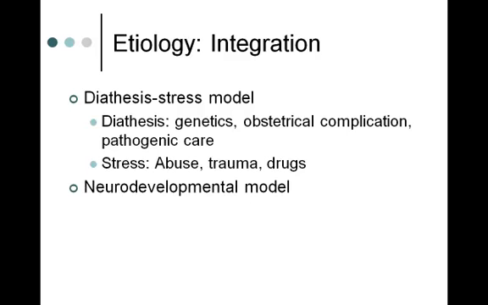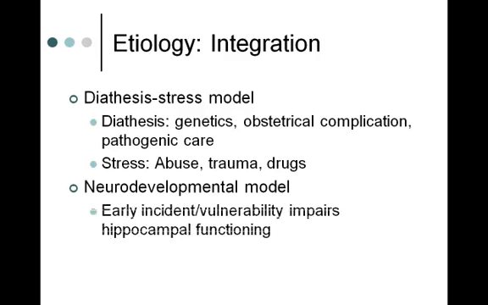And there's also this neurodevelopmental model, which is a diathesis stress model put in a developmental context. The idea that there's some early diathesis, some early incident or vulnerability, and whatever happens does its damage to the hippocampus.